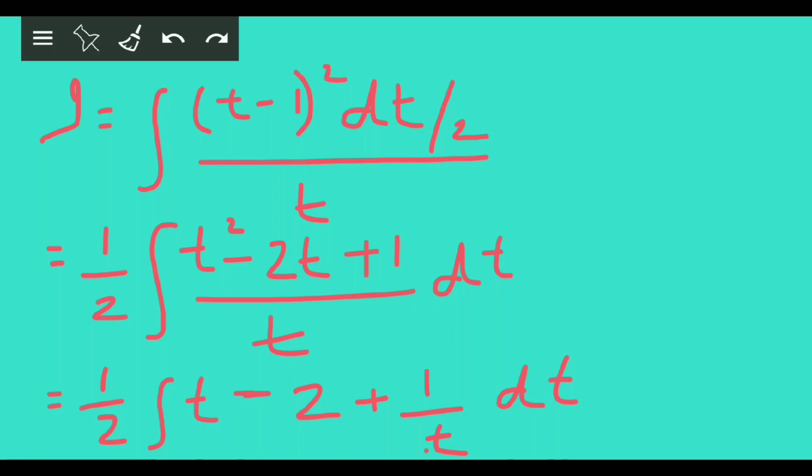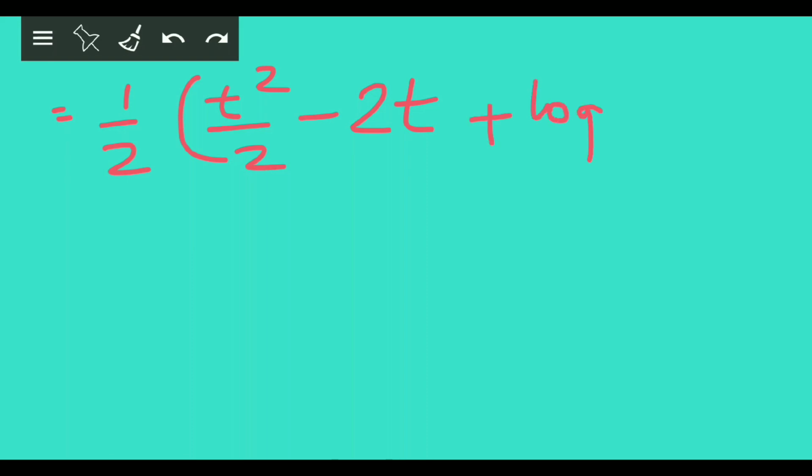Then we can find the integrals of the terms. So we get 1 upon 2, the integral of t is t square upon 2. Similarly, the integral of 2, remember we are doing integration not differentiation, becomes twice of t, plus 1 upon t becomes log t, plus c. We can resubstitute now.